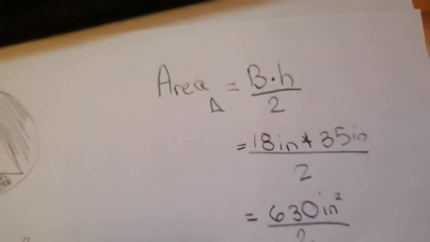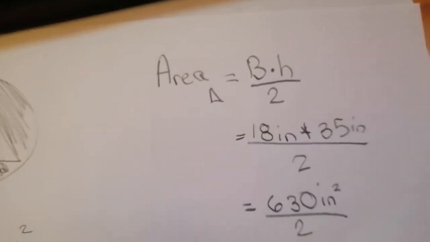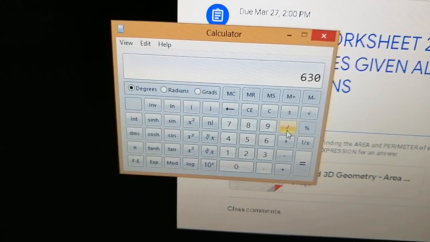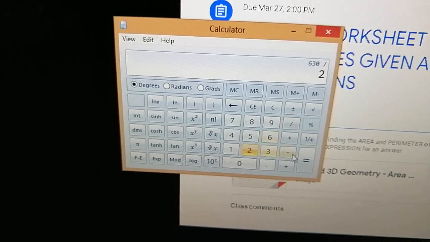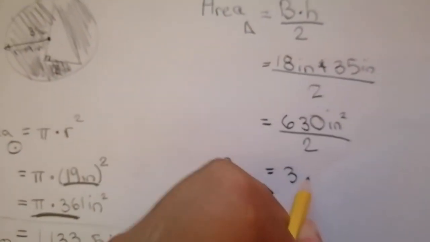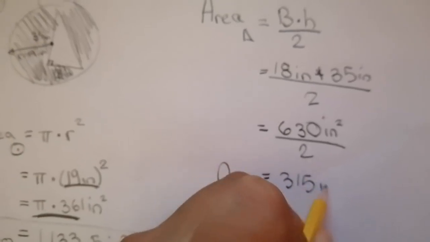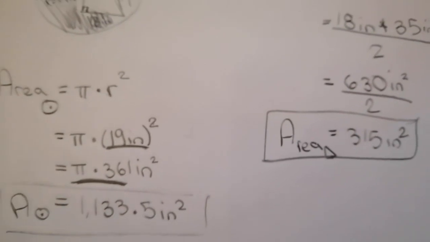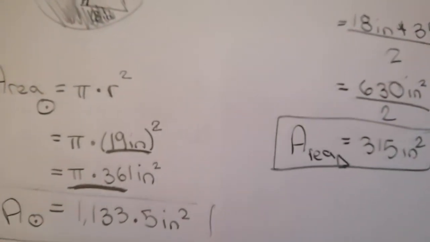So if you divide that by 2, that means that the area of the triangle is 315 square inches. So we're not finished with finding just these two areas, right?